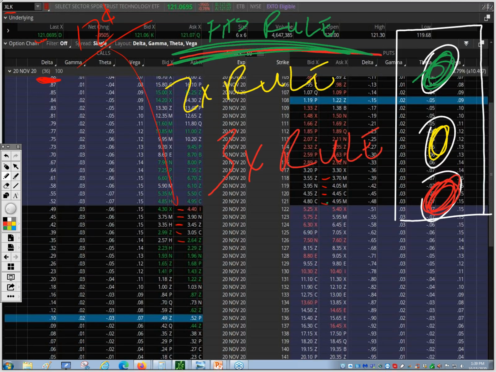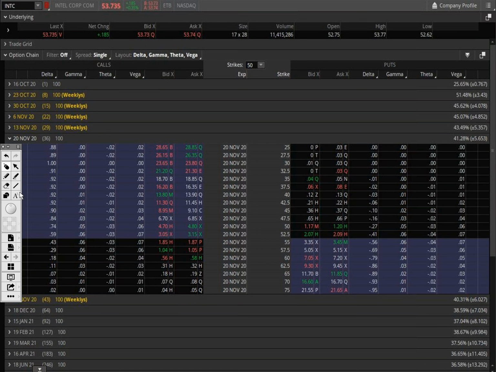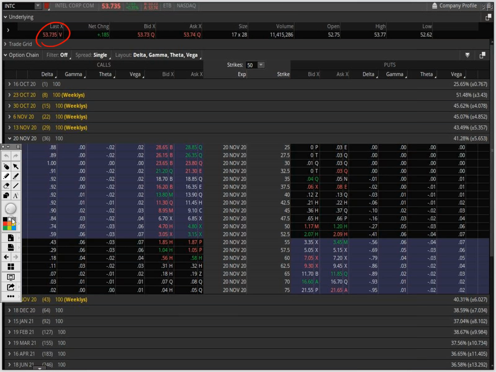And we can see several examples of this where we move on to, say, something like Intel, which is a less than $100 stock. If it's a stock that's less than $100, then my green light's saying it's less than or equal to 10 cents wide.